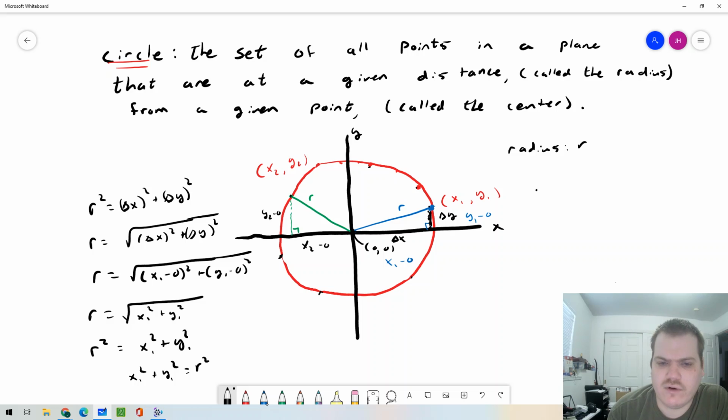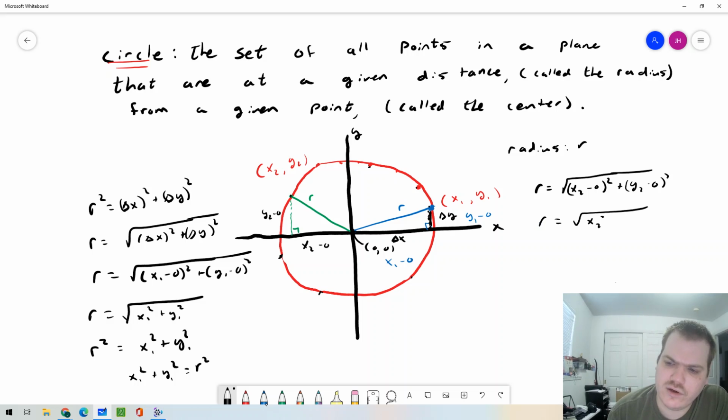So I'm going to have r is equal to the square root of x2 minus 0 squared plus y2 minus 0 squared. And that's the same thing as the square root of x2 squared plus y2 squared. And if I square both sides, I get r squared is equal to x2 squared plus y2 squared.